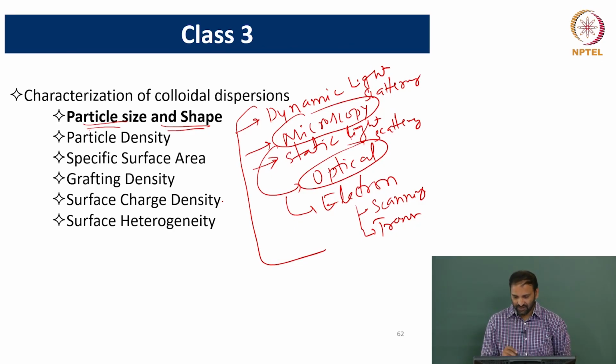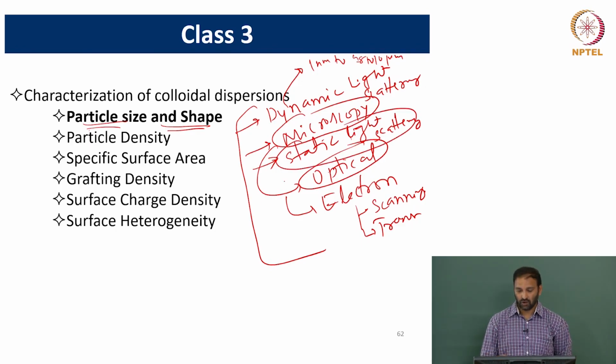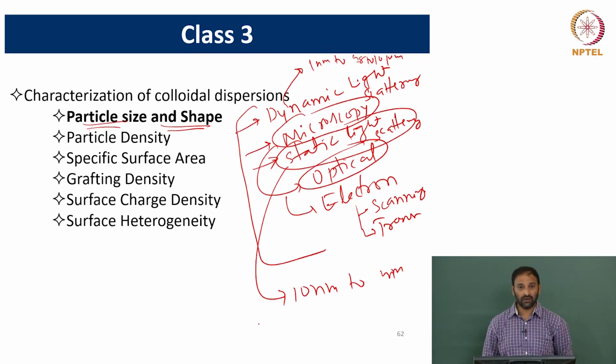For dynamic light scattering, the manufacturer's specification says you can measure sizes from 1 nanometer to close to 8 to 10 micrometers. And static light scattering can measure sizes all the way from 10 nanometers to a few millimeters, a very large size range.